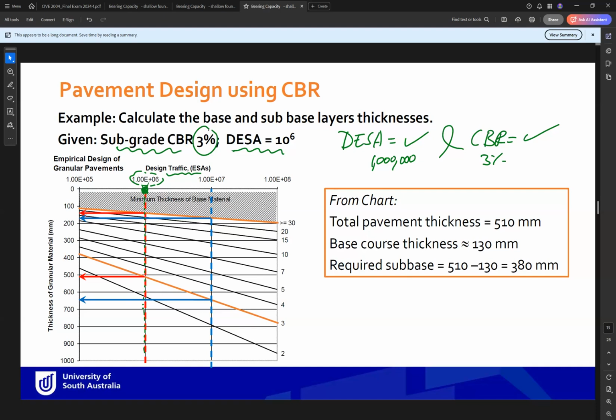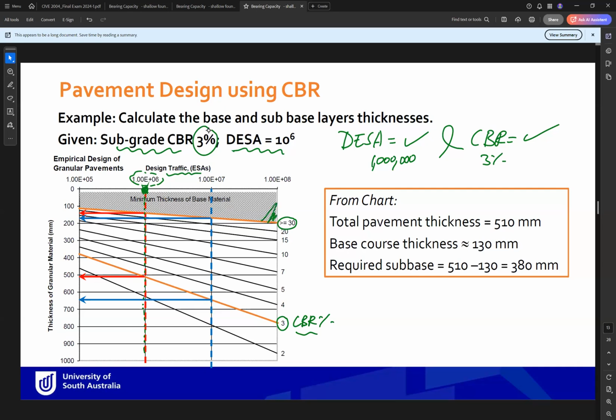Then this is the CBR percentage here. You will allocate this number here. And here, this is the minimum thickness of the base. So you have two values. One at the minimum thickness here.